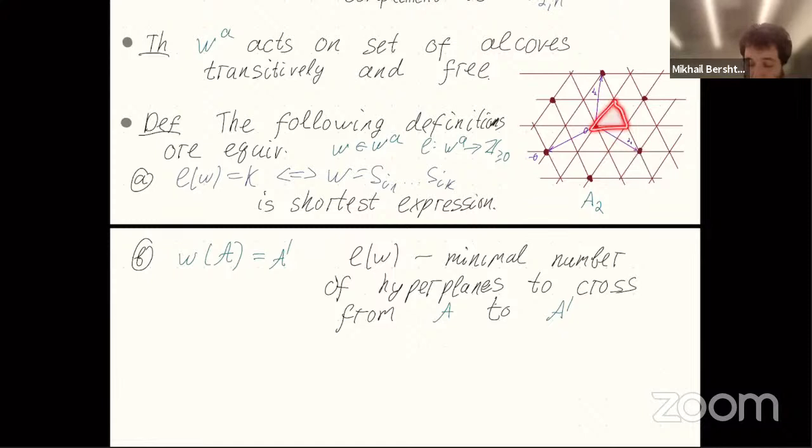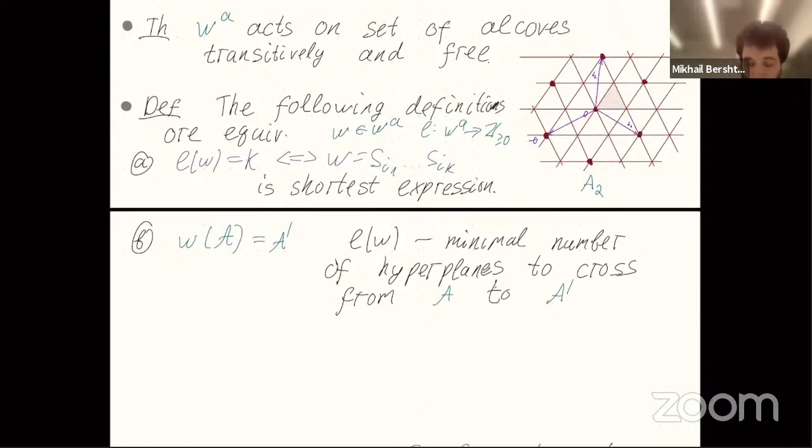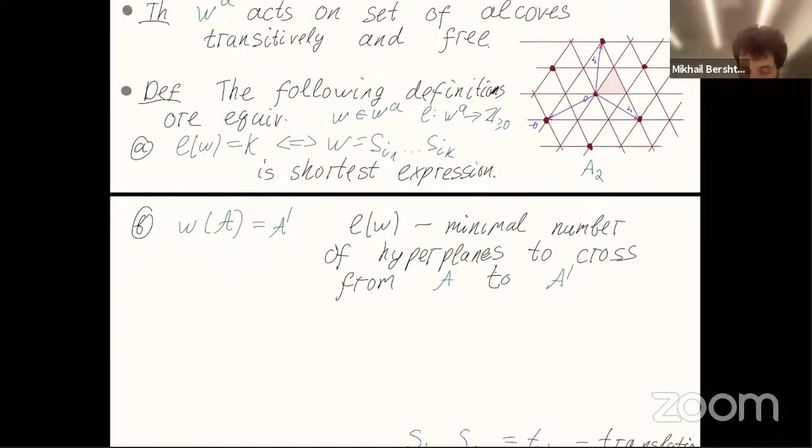If we take any simple reflection, then A prime is a neighbor alcove, so the length is equal to 1. If we take a product of two simple reflections, then the corresponding A prime is at a bit longer distance, and the length will be equal to 2, and so on. This is some sort of explanation. This is not a completely obvious statement, but I just state it.